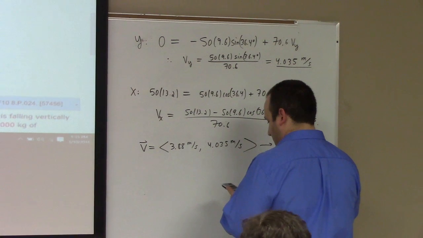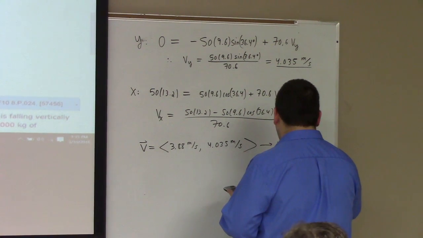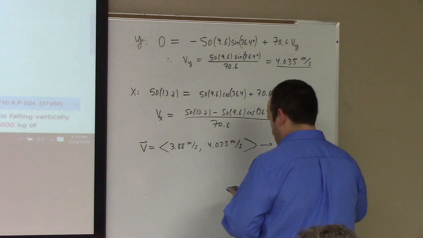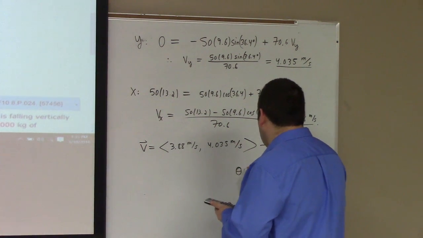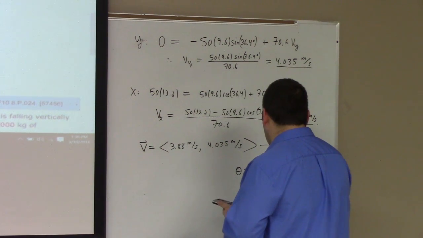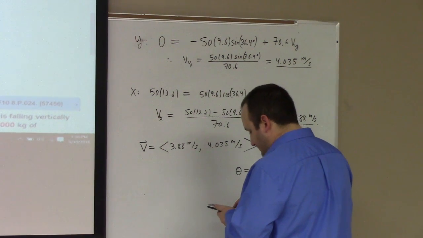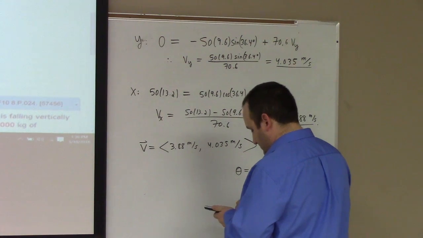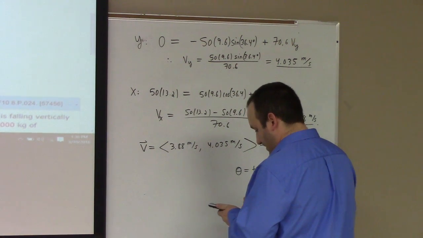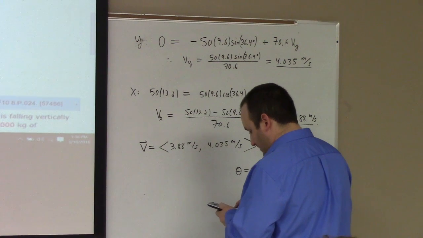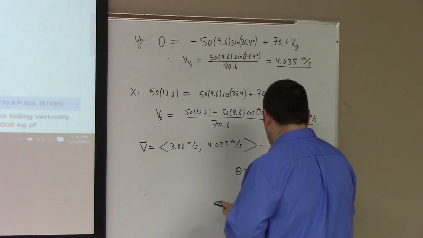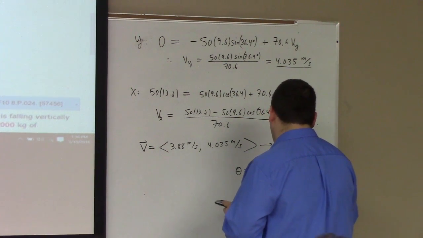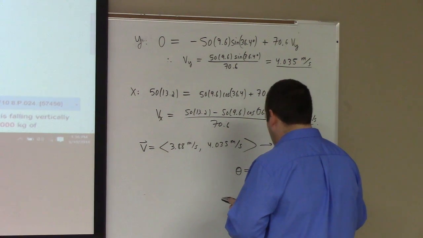The speed is 5.595 meters per second. And the theta, I can use inverse tangent here because they're both positive, so inverse tangent works. I get 46.1.